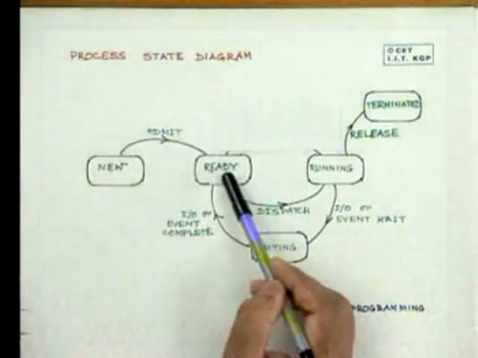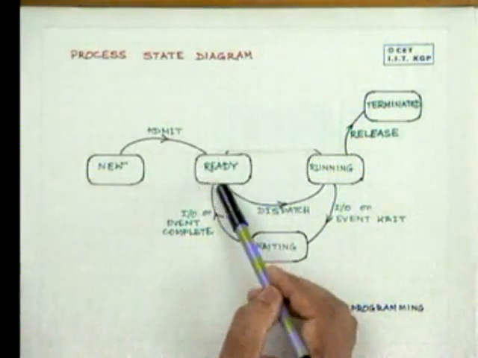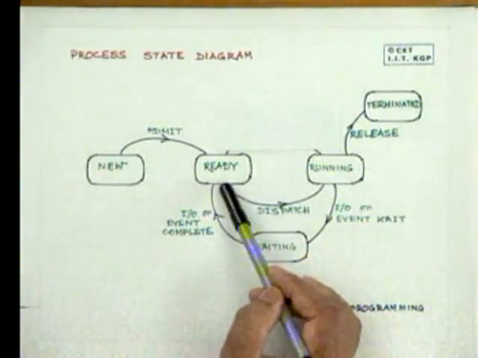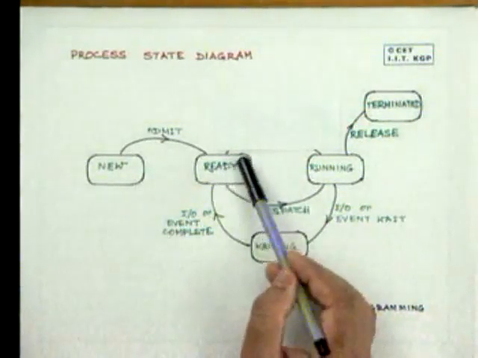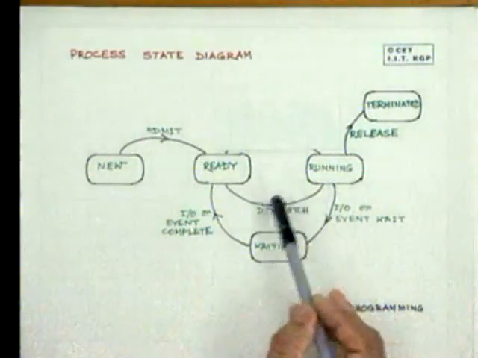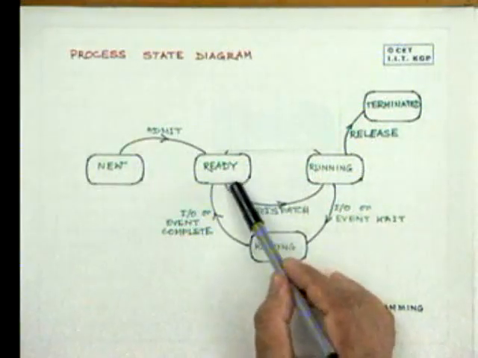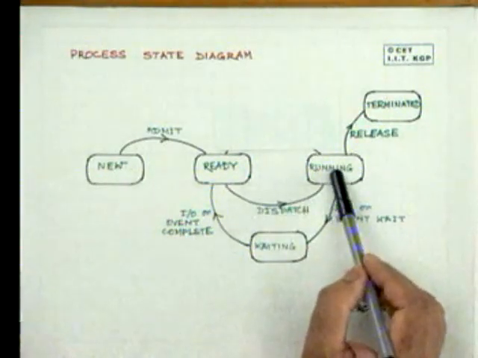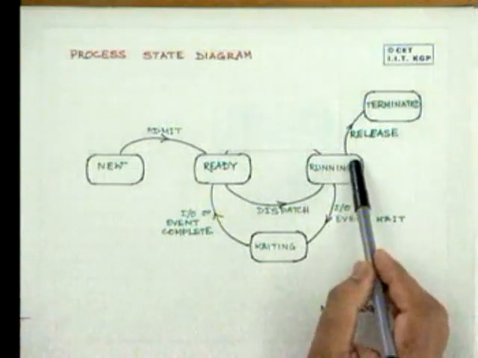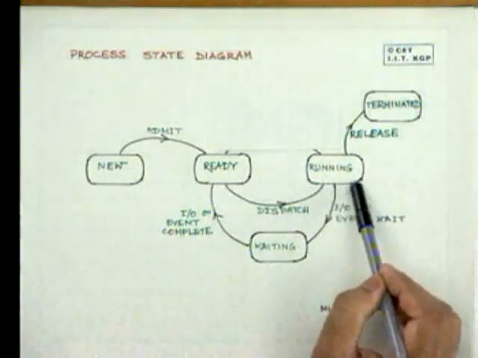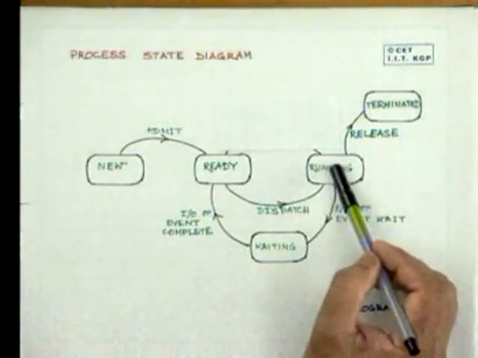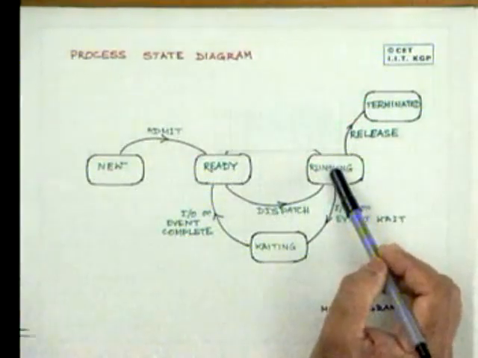Then when it is admitted into the system for possible allocation of the processor to the process, it is in the ready state. Now, if it is in the ready state, then it can be dispatched to the processor and comes into the running state. The CPU is executing it. Now, while executing it, naturally the process will try to execute many IOs.